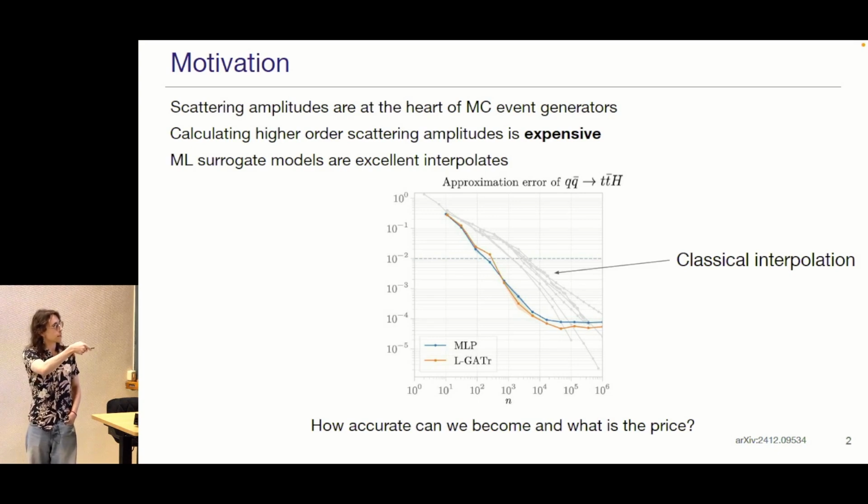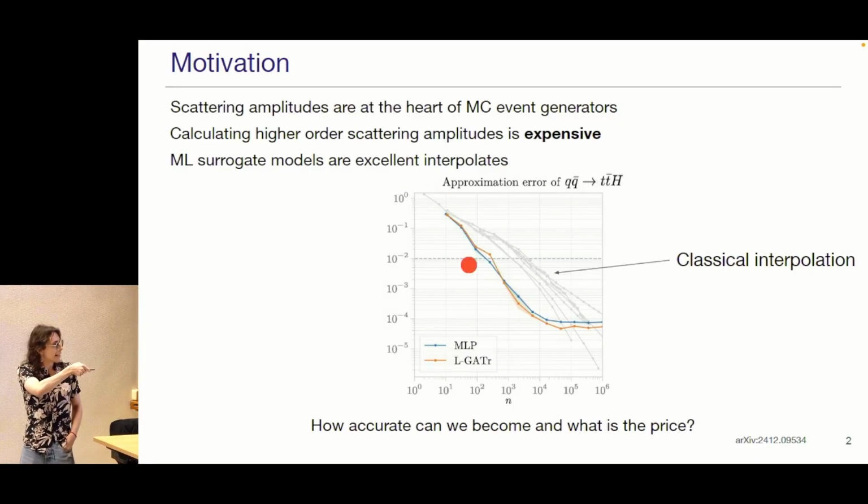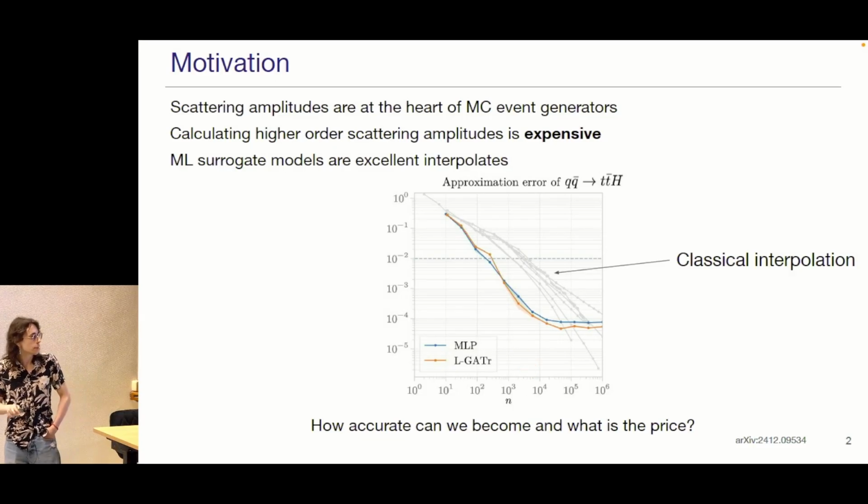And here in this plot I borrowed from one of my colleagues, you see how the performance greatly increases and outperforms the classical interpolation methods by training on relatively small sample sizes of data. Here they show it for two different architectures of neural networks, the classical MLP and then Lorentz-equivariant networks that I'm going to mention briefly.